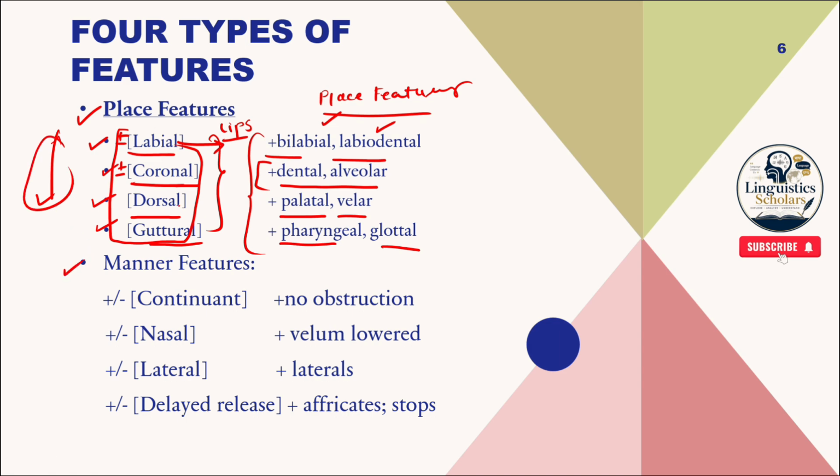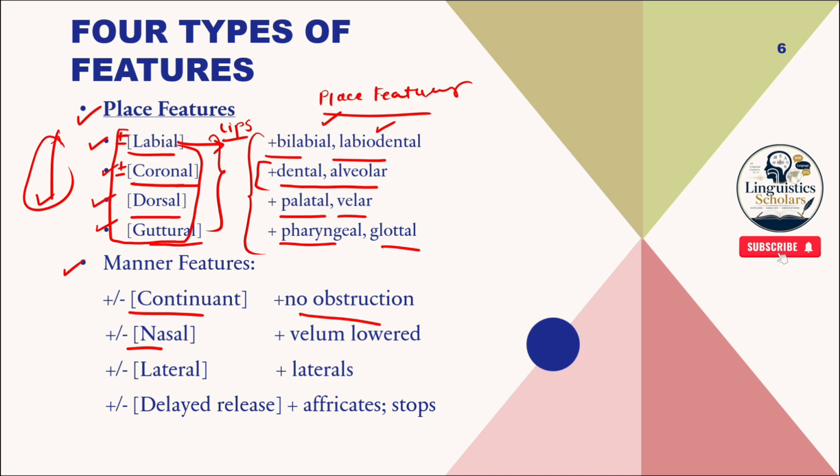And then next we have manner features, where continuant is plus or minus. Plus continuant refers to where there is no obstruction in the production of the speech. Okay, and minus refers to the obstruction in the production of the speech. And plus nasal refers to the lowering of the velum and makes the air escape from the nose.